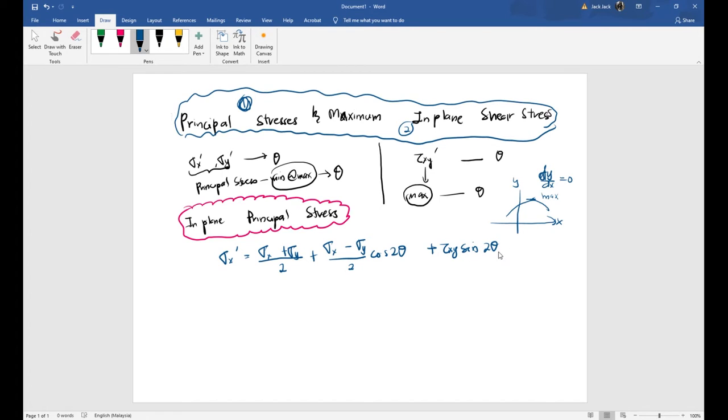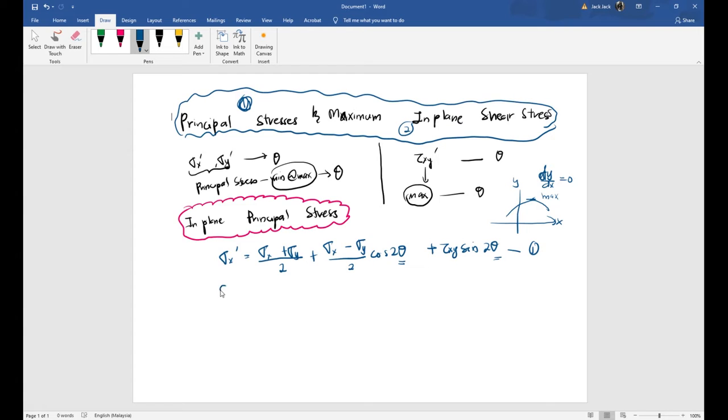Our objective is to determine the maximum value of this normal stress. So we need to differentiate this first equation with respect to theta, because we want to know what angle will give the maximum or minimum value of normal stress.